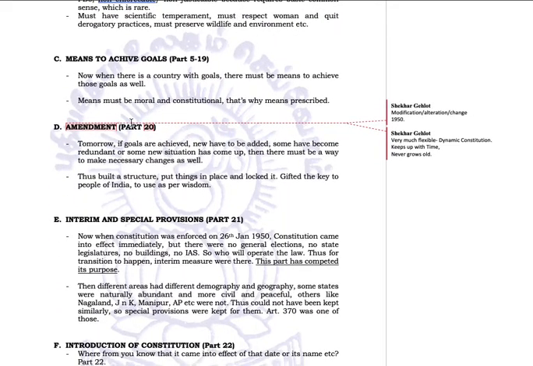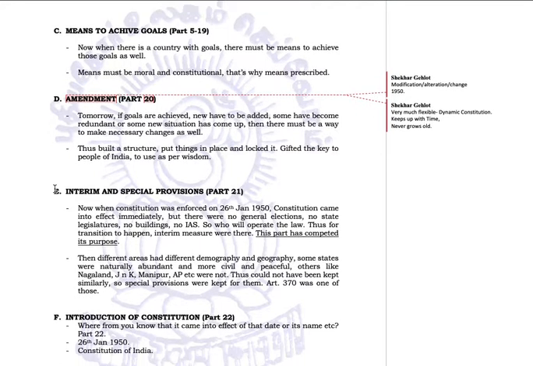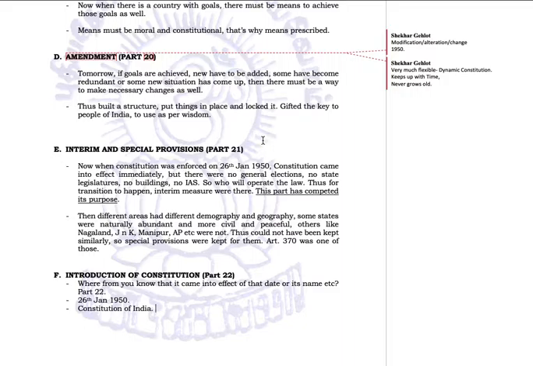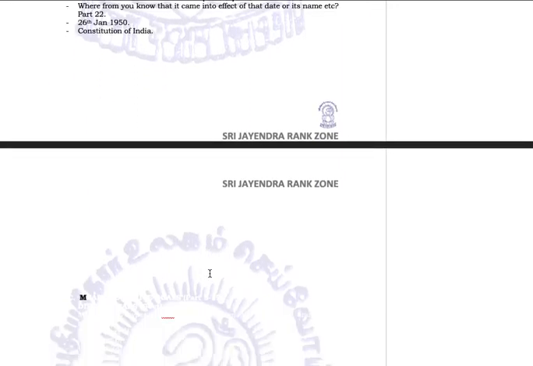Then we have group D, that is amendment, part 20: tomorrow if we need some change, how to make a change in the constitution of India has been provided in this part 20. Then group E is interim special provisions, which part 21 deals with. Then in the end we come to the last group of the constitution, that is introduction to the constitution, part 22.